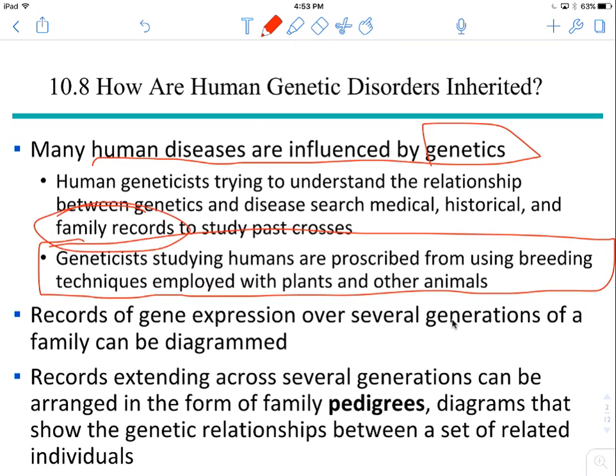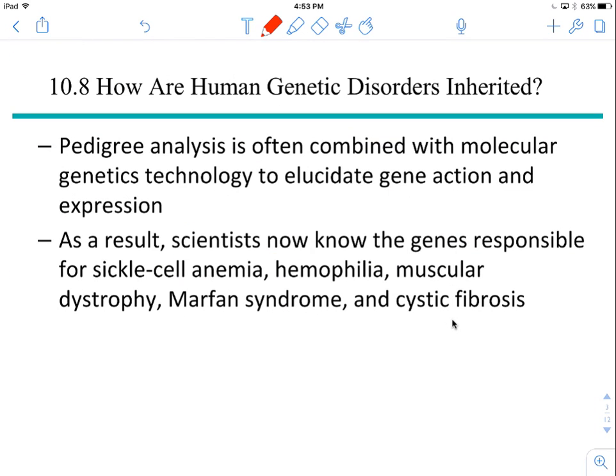So we use family history in order to study past crosses that have already happened. We look at records extending across several generations in the form of a pedigree. Pedigree analysis is usually combined with molecular genetics technology, which we're going to do in another couple chapters, to try and figure out how these genes work.